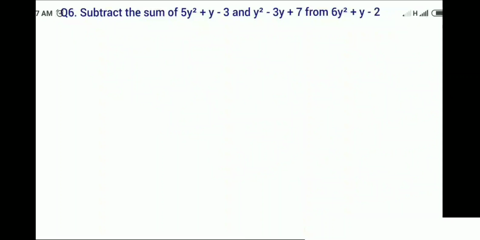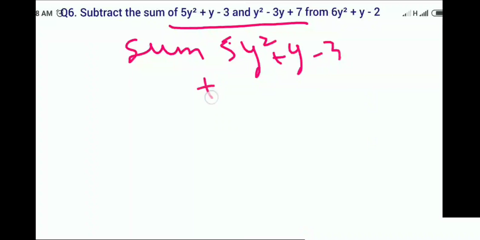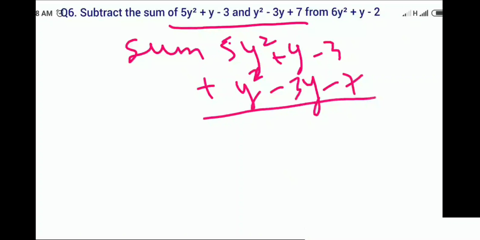Subtract from the sum of these values from this. So first we find the sum. 5y square plus y minus 3 plus y square minus 3y plus 7 equal to 7 minus 3 will be equal to plus 4, minus 3 plus y.